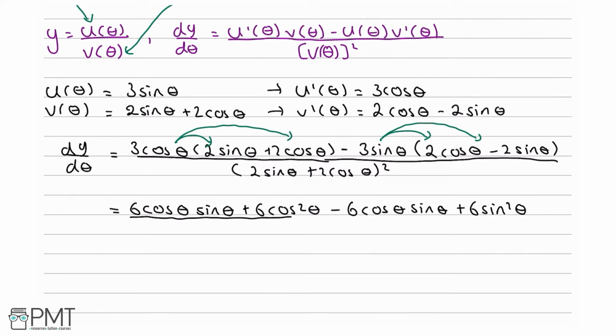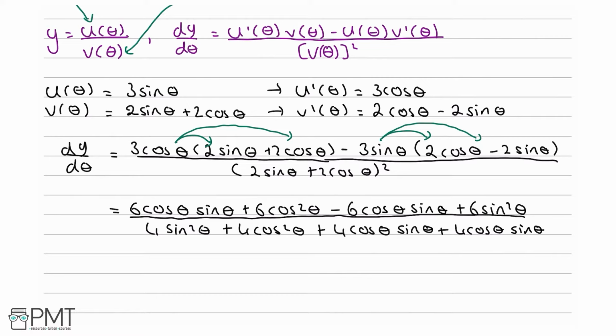All of this is divided by, okay, 2 sine theta plus 2 cosine theta squared. We first do 2 sine theta squared, which is 4 sine squared theta. The last one is 2 cosine theta squared, which is 4 cosine squared theta. And then we multiply the inner two, which gets us 4 cosine theta sine theta plus 4 cosine theta sine theta.